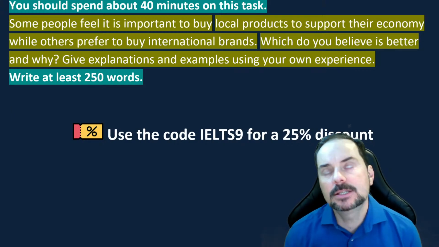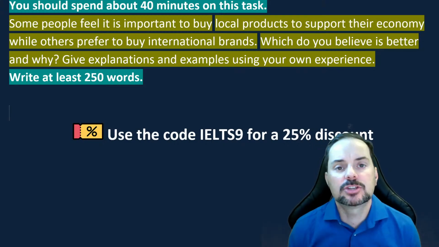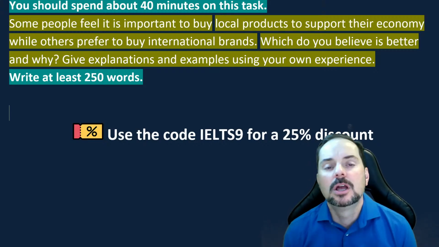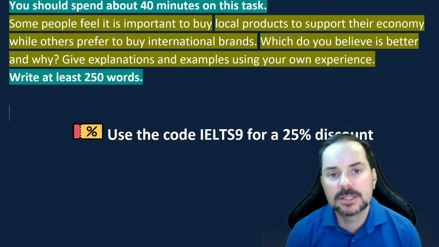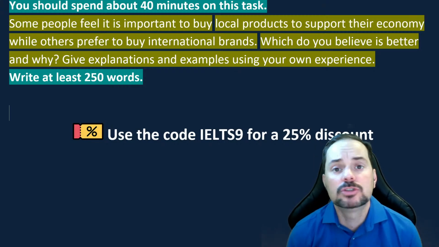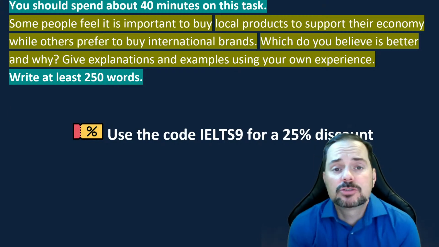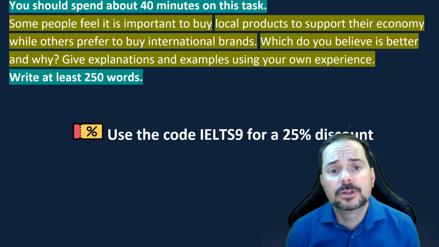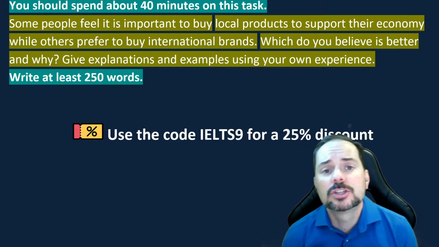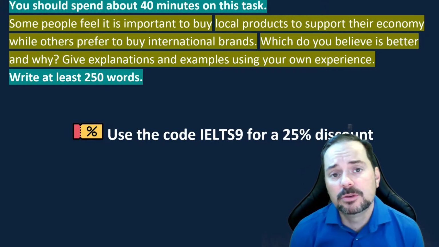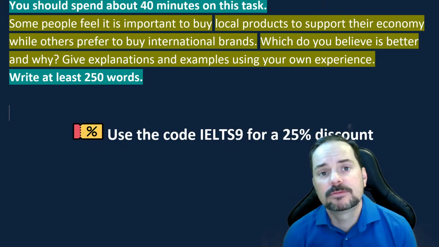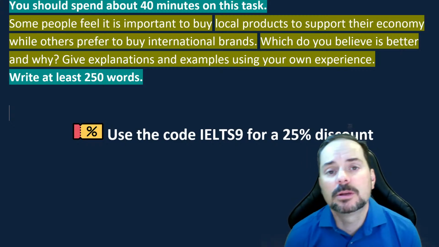Now, this isn't your introduction, students. The introduction isn't just a paraphrase of the question. If you're only doing that, that means that you're going for a band 6, 6.5 essay. If your teacher tells you, just paraphrase the question for the introduction, you should know that they're teaching you a band 6 to band 7 level strategy, which means that if you write perfect English and you're paraphrasing the question for your introduction, you're doing a band 6 to 7.